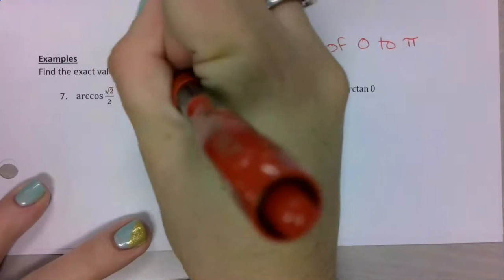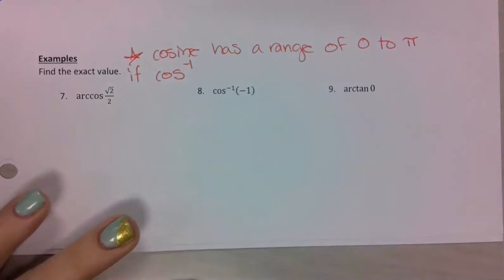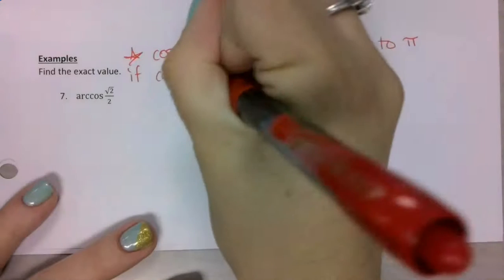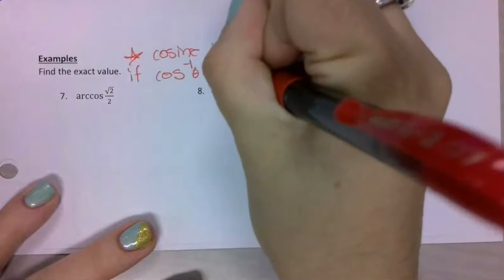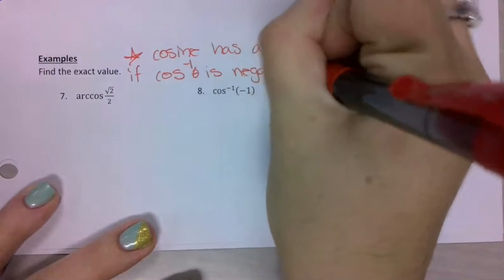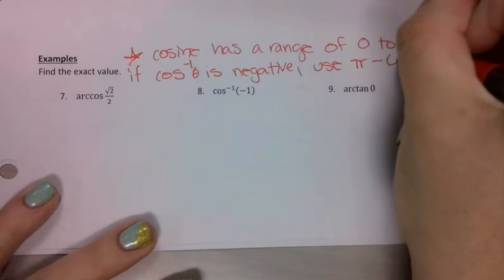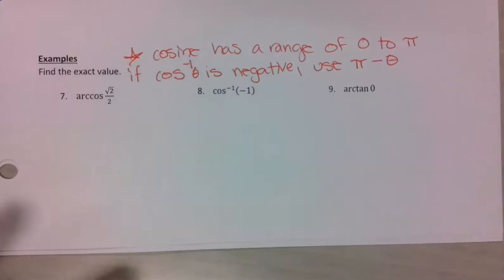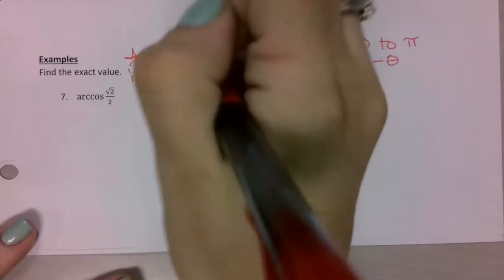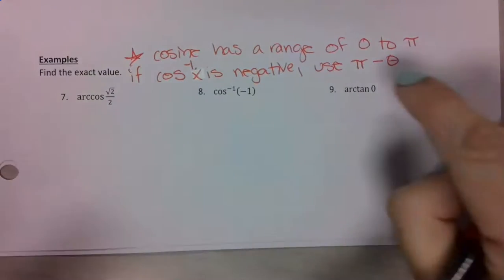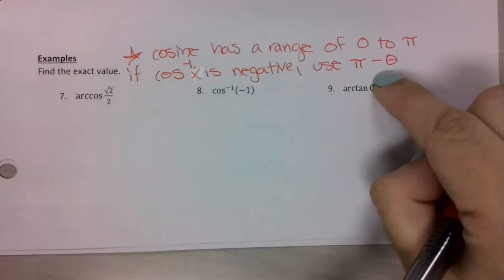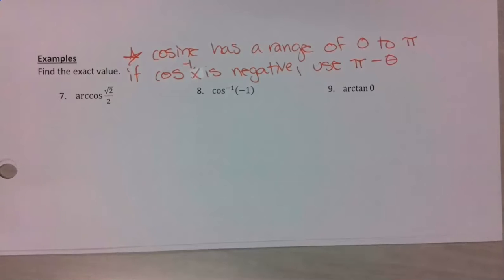So if the inverse of cosine or arc cosine is negative, then we want to use pi minus our angle to find the angle measure. Actually, I want this one to be an x. So what I would do is I would take whatever my angle measure is and subtract it from pi. And that only happens when cosine is negative. Otherwise, if it's tangent or sine that's negative, I just keep the negative with the angle.